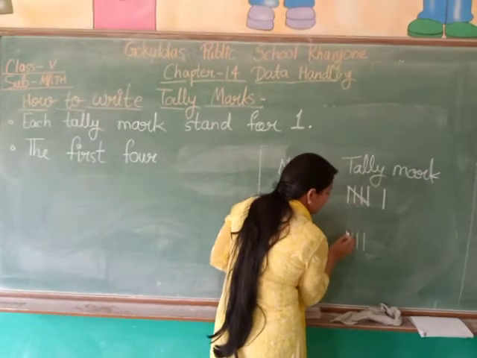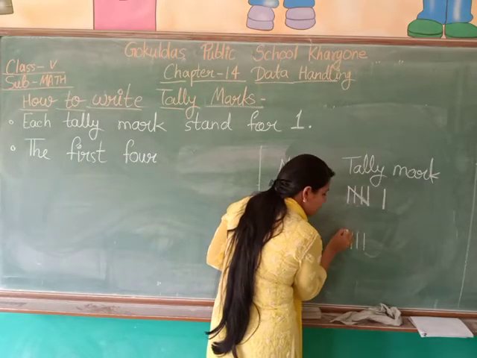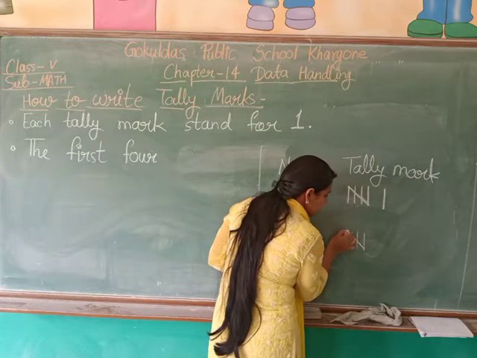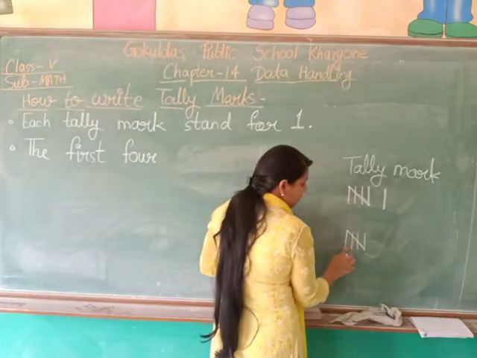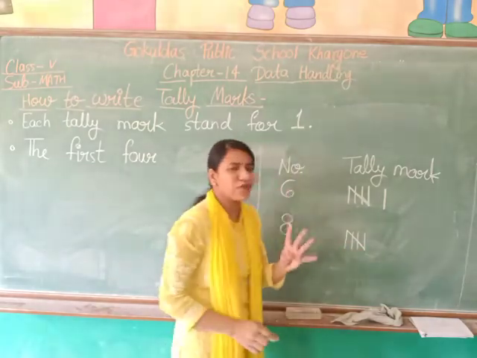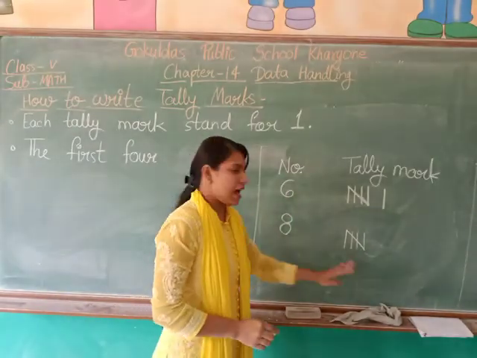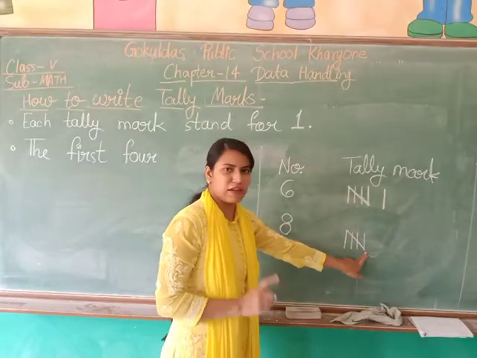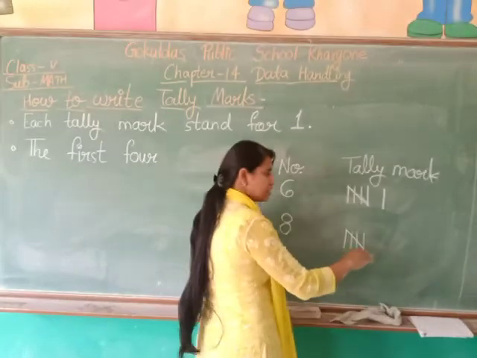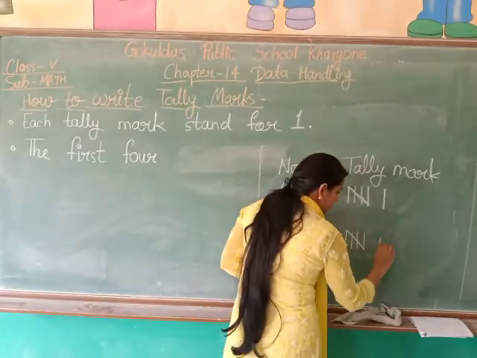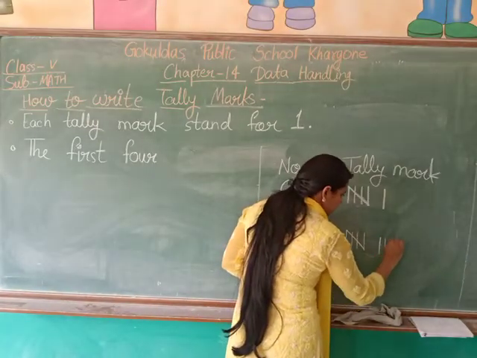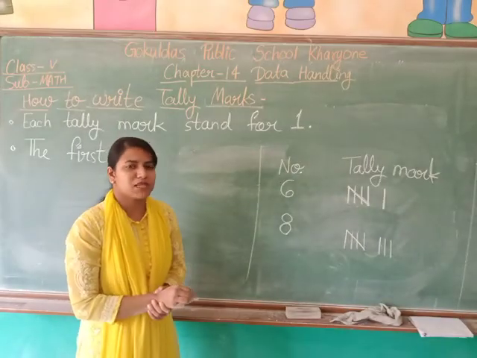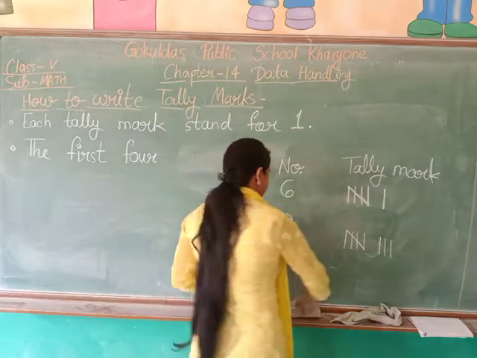To represent the fifth stick, I will start from the top of the first stick and stop at the bottom of the fourth stick. So 1, 2, 3, 4. These 4 vertical lines are representing 4 sticks and then the diagonal stick is showing 5. Now we will start another group. So 5, 6, 7, 8. So this is how we can represent numbers by using tally marks.